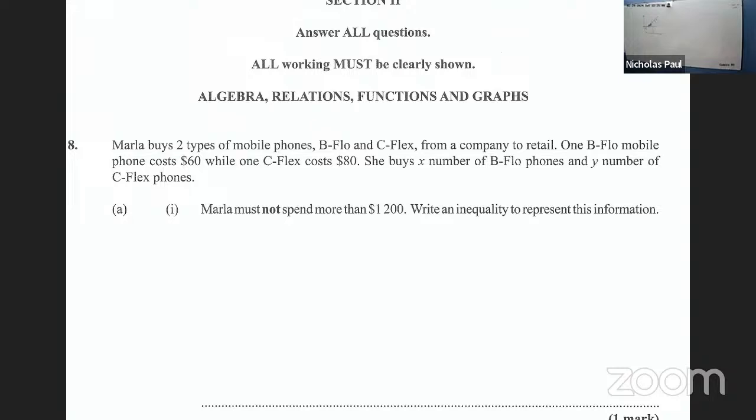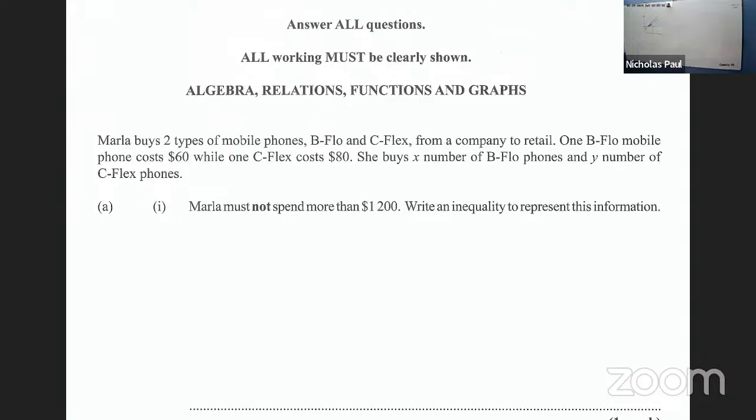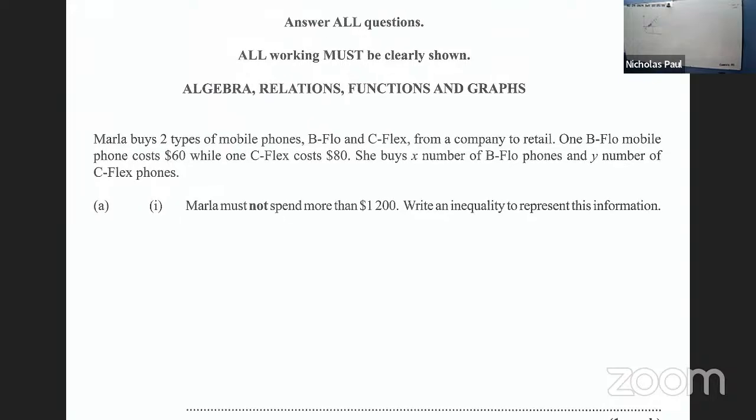She buys x B-Flows and y C-Flex. She can spend no more than... Once you see that word, what does that represent? More than or less than? Less than. So this is less than or equal to.